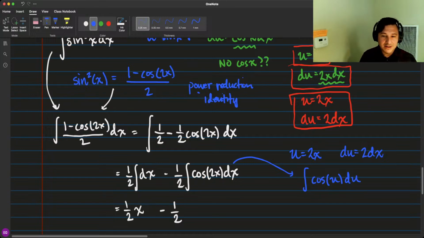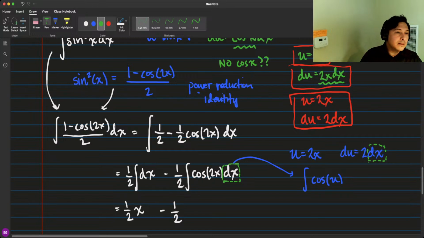And actually, this du is 2dx, right? So we need to change that ever so slightly, because otherwise they're not going to match up. I only have a dx right here. So I need to solve this for dx. What is dx equal to? Yeah, half du.